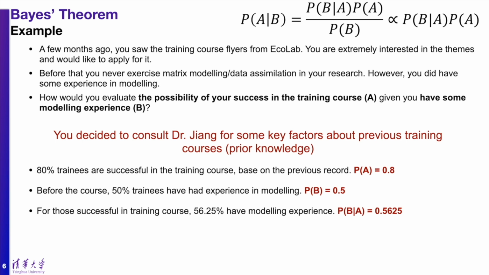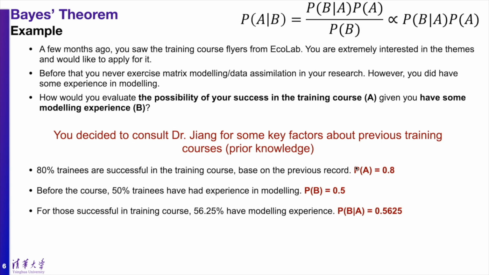Now, from Dr. Jiang, you know that actually 80% of trainees were successful in the past training courses. If we conceptualize the possibility of one trainee being successful in the training course as event A, we now know the independent probability of event A equals 0.8.